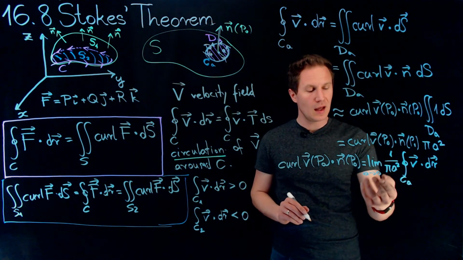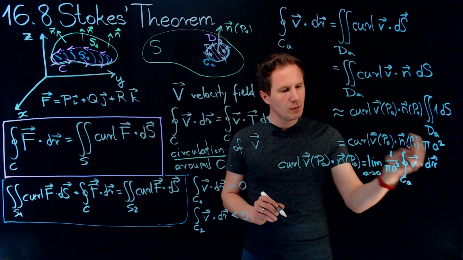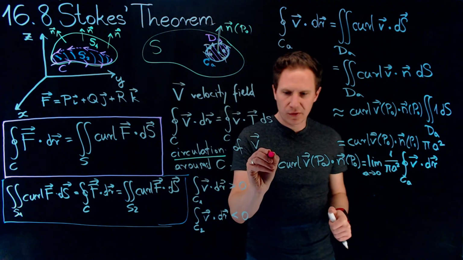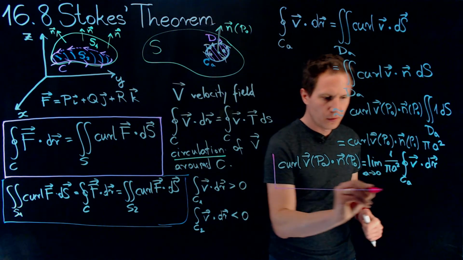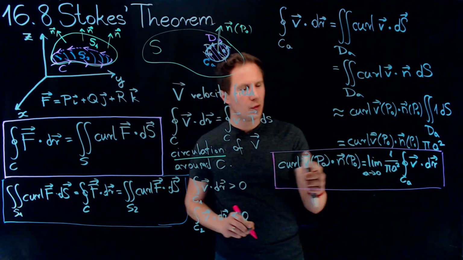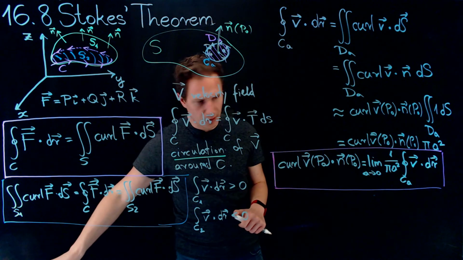We divide by the area of that circle, take the limit as the radius goes to 0, and this will give us the normal component of the curl at that point.